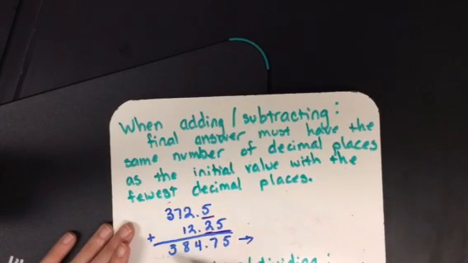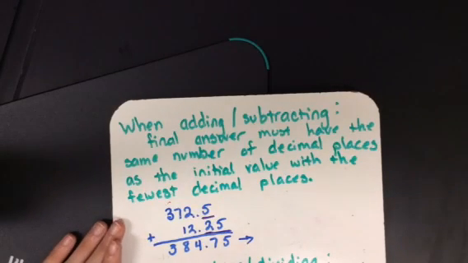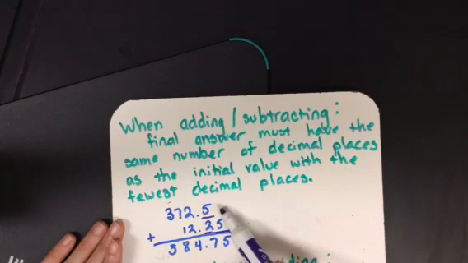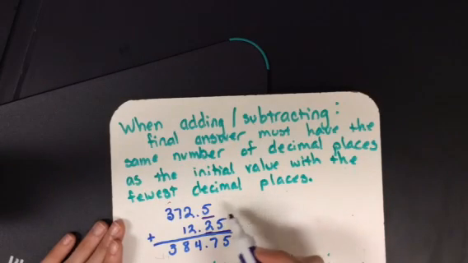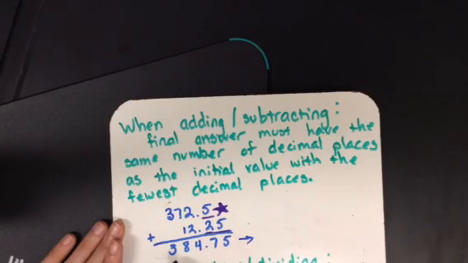When you do the math, you get 384.75, but the value here has too many sig figs. We are assuming that we have a more precise measurement than we really do. Since here we only have 1 decimal, here we have 2, we have to go with this value here. We're going to have to round this final answer to have only 1 decimal place.